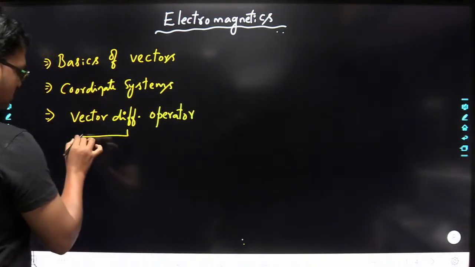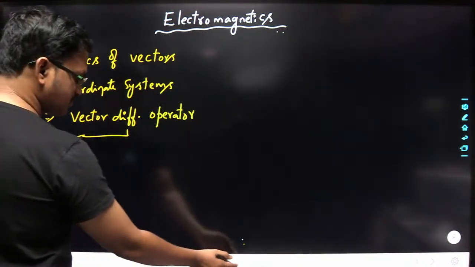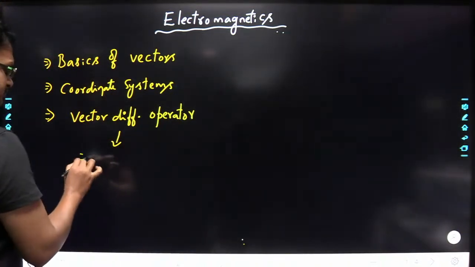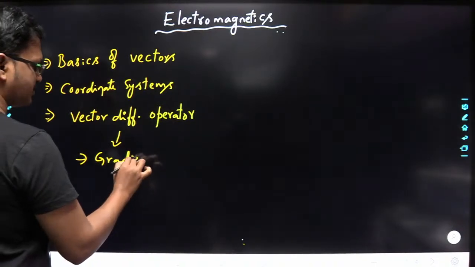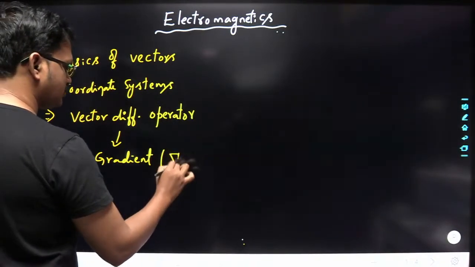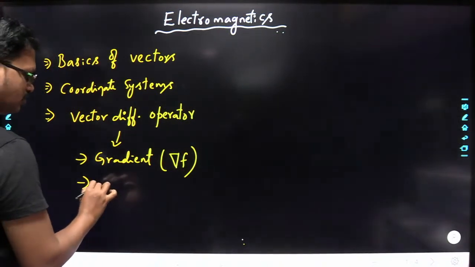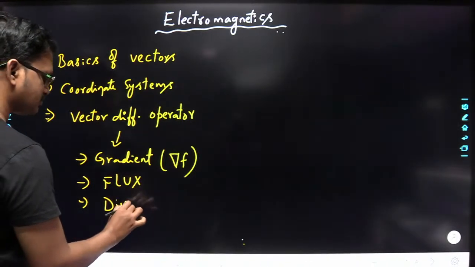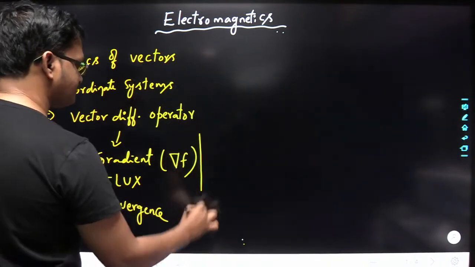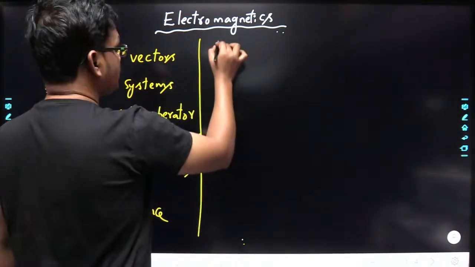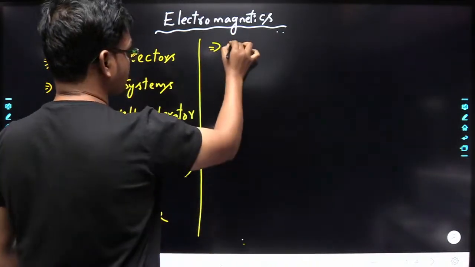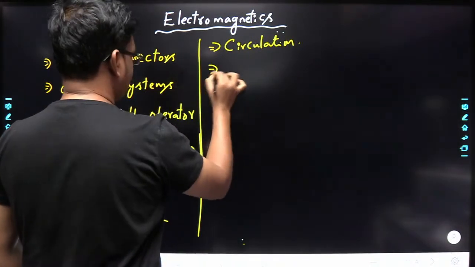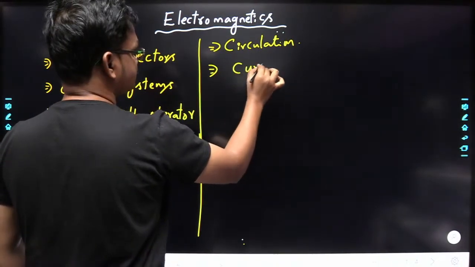In the vector differential operator, what topics have we studied? We have studied gradient, the vector operation, and then flux, and then divergence, and then circulation, and then curl.